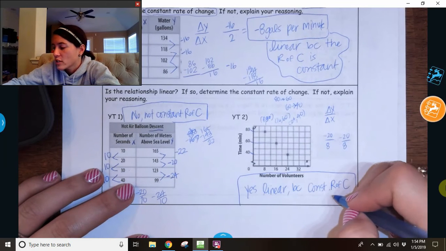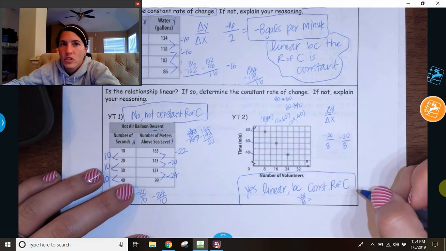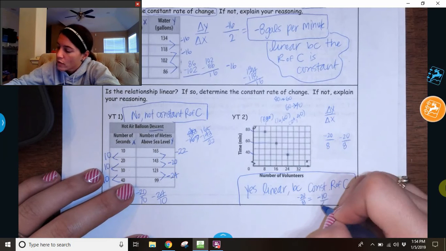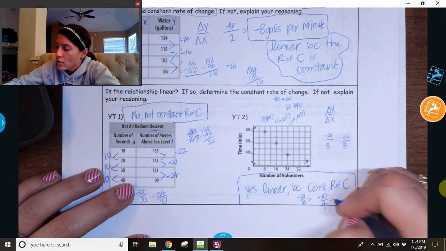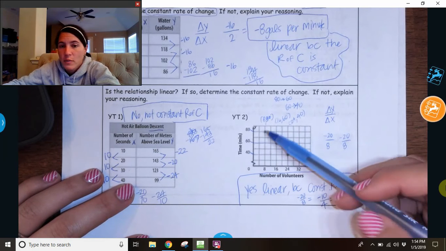And the rate of change is negative 20 over 8, which reduces to negative 10 over 4, which is negative 5 over 2. And that means we need to put some units with it.